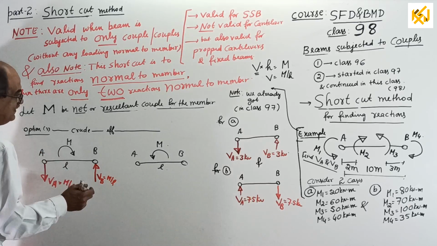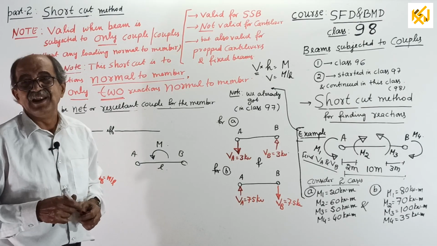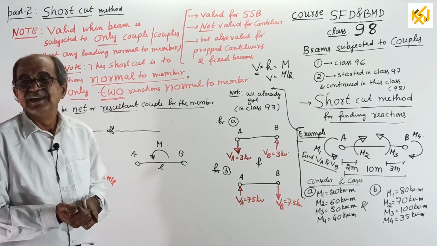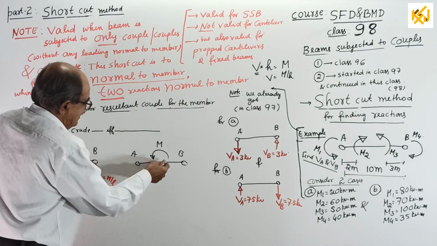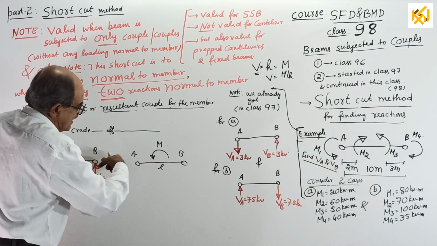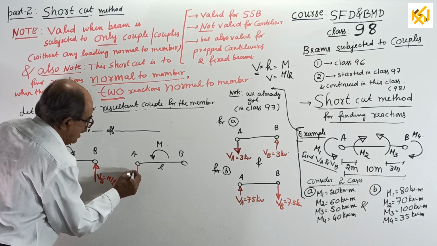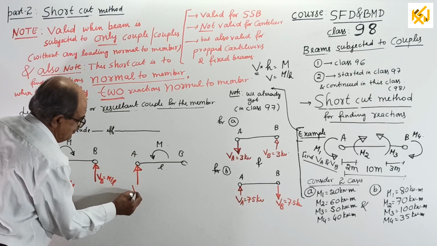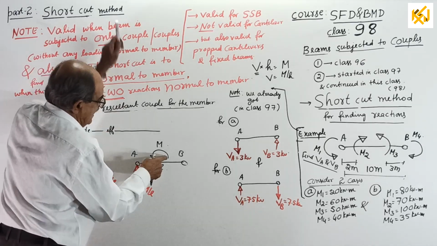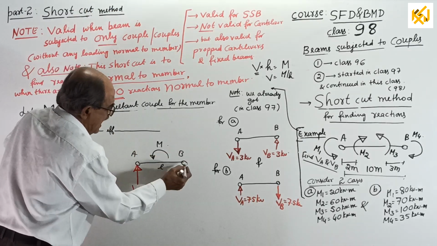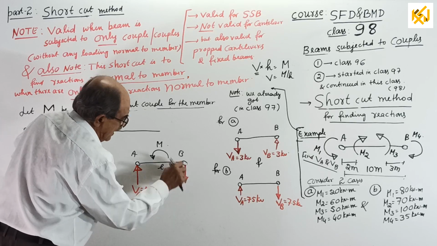Student will tell, sir, this is the best, sir, they will tell. Why? Sir, no confusion. So, here, see, if it is M this way, where is arrow? Sir, arrow is this side, sir. So, here, reaction arrow should come and meet the beam. VA equal to M by L. Here, what is there? Sir, this is a tail side. Then reaction, tail should be there, arrow should be other side.